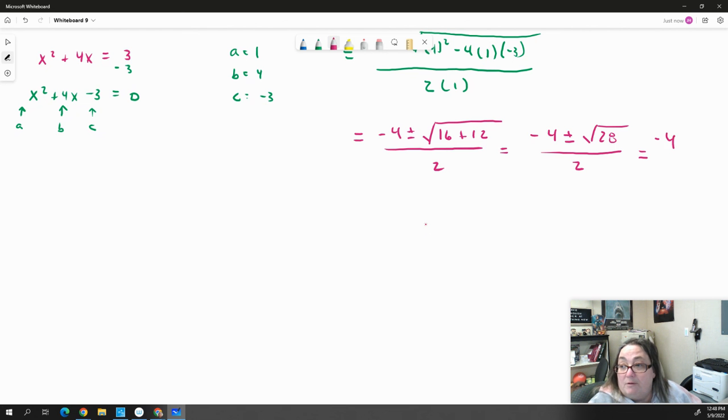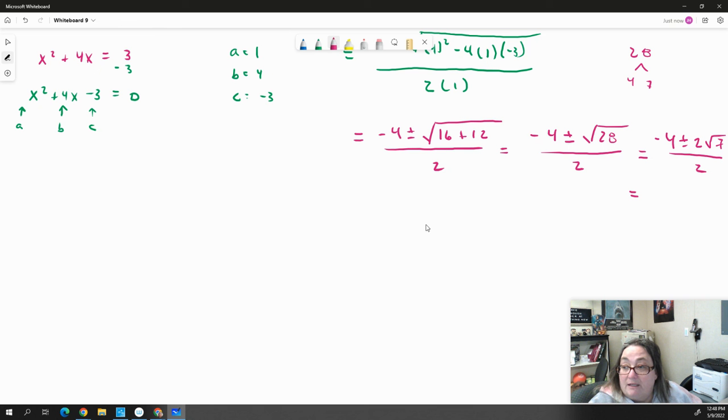This is minus 4 plus or minus, I could break down 28 is 7 times 4. And so I know that this is a perfect square, so that's 2 times the square root of 7 over 2. Not our answer yet because everything's divisible by 2.